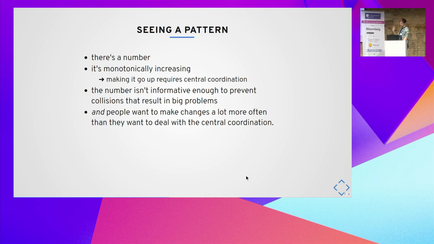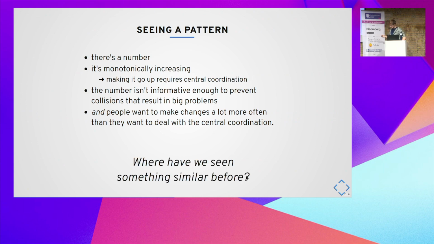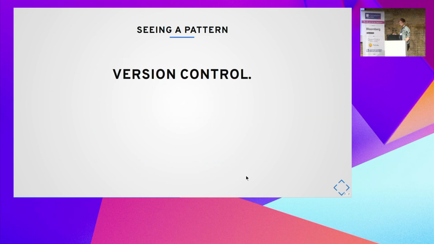Anyway, I think there's a pattern that we could lift from this where we see a number, and the number isn't enough. We've encountered this before in the realm of version control. We used to have version control systems where we used numbers that we decided would monotonically increase. We don't do that anymore. This is already rapidly consigned to ancient history, right?